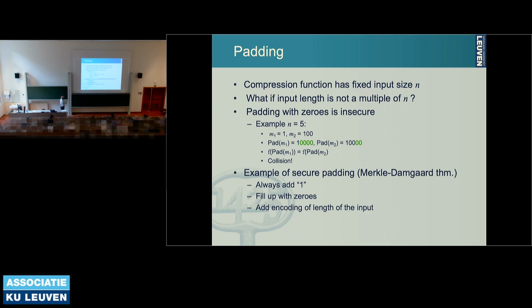So the standards then describe a more complicated padding, typically like this one. They say, first add a 1, then go to the end and add there an encoding of the length of your input, and in between the 1 and this encoding of the length, you fill up with zeros.